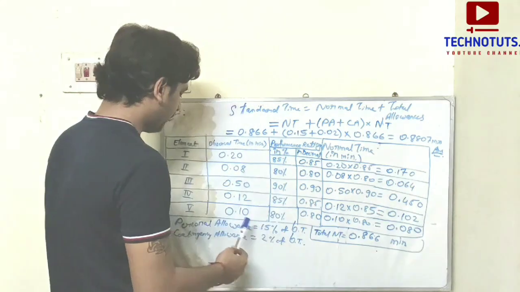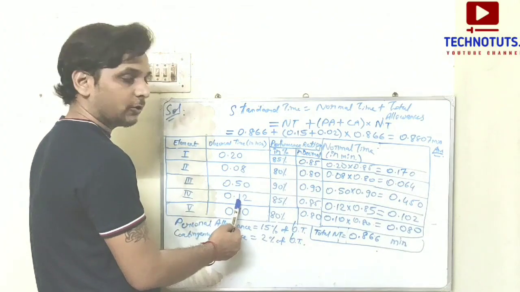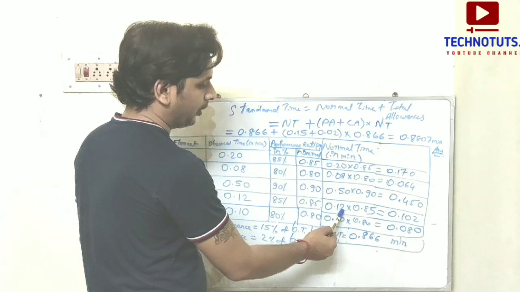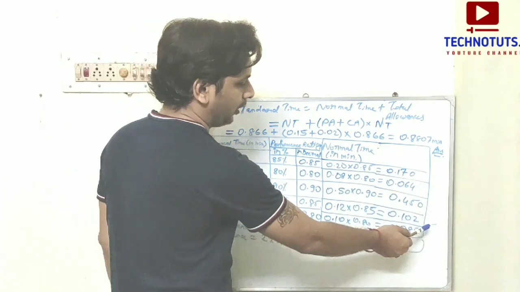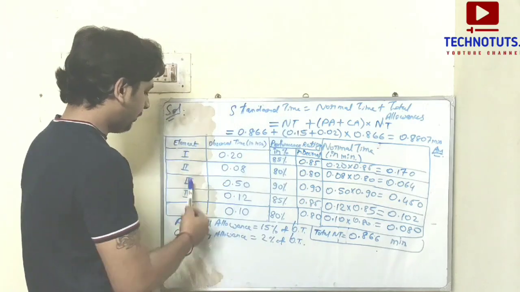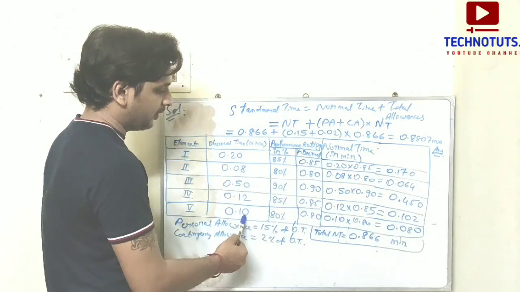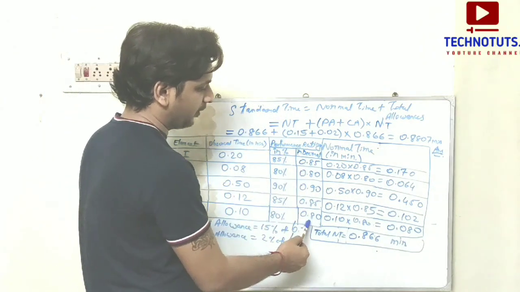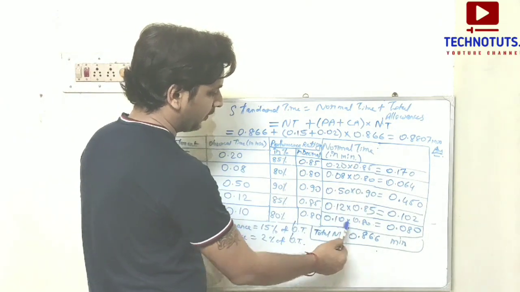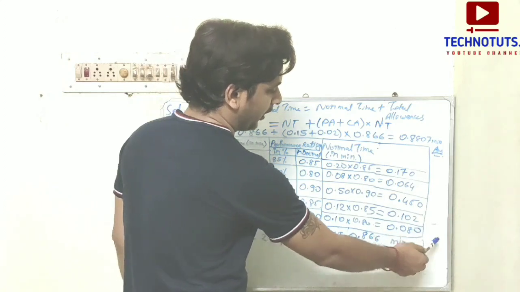For element number 4, observed time is 0.12 and performance rating is 0.85, so 0.12 into 0.85 is equal to 0.102 minutes. For element number 5, observed time is 0.10, performance rating is 0.80, so 0.10 into 0.80 is equal to 0.080 minutes.